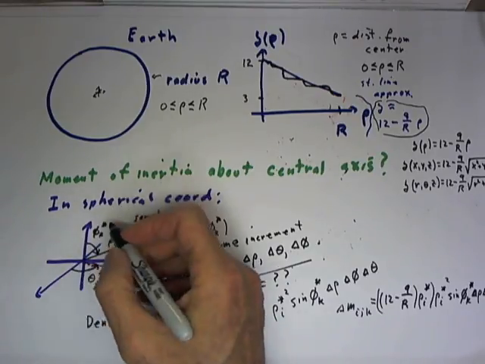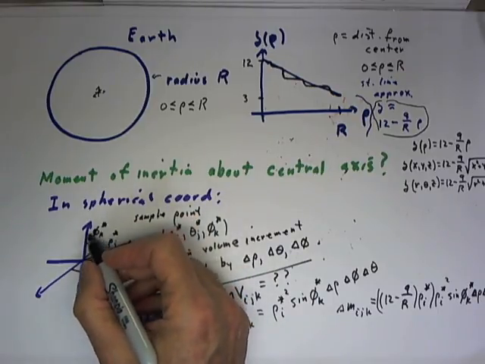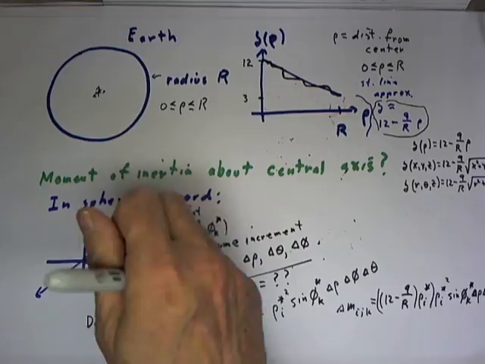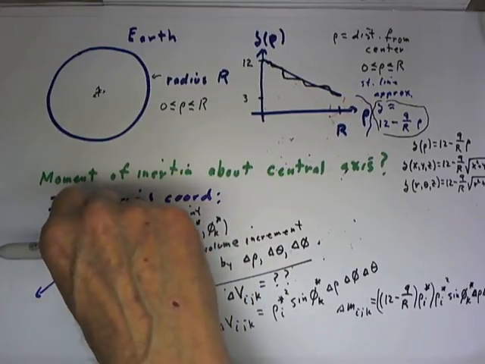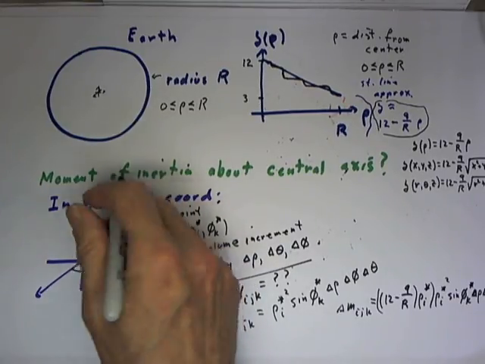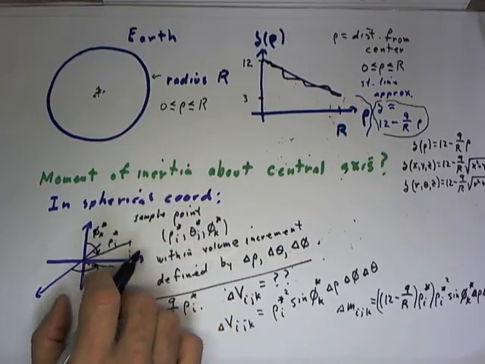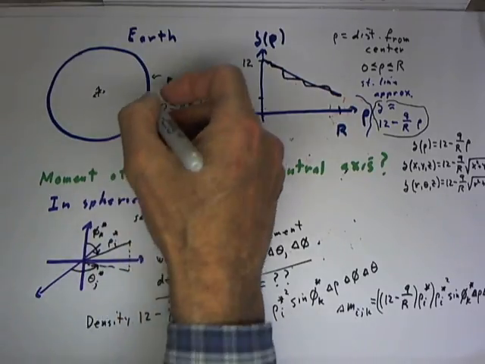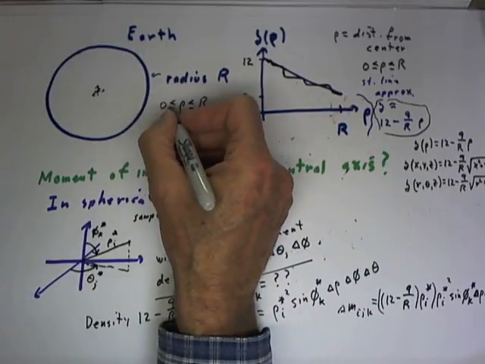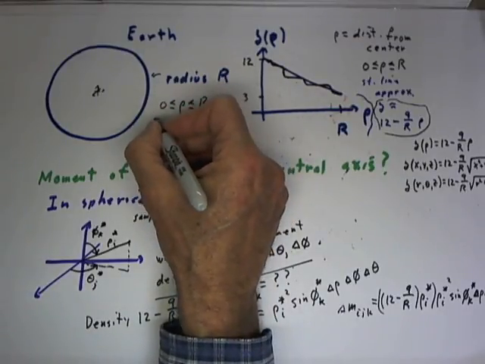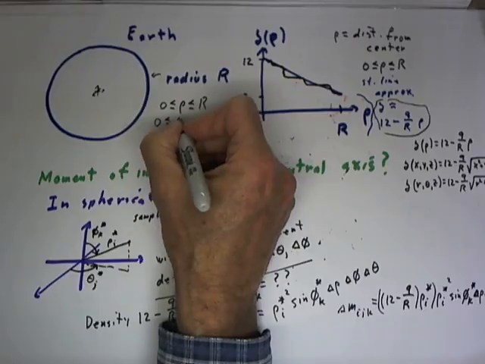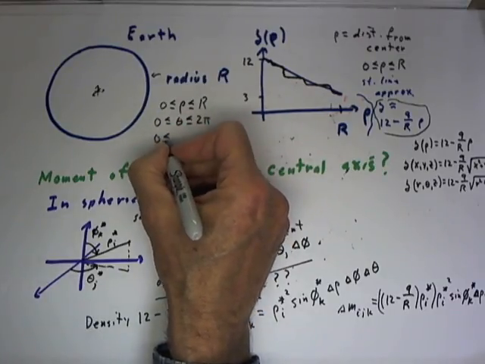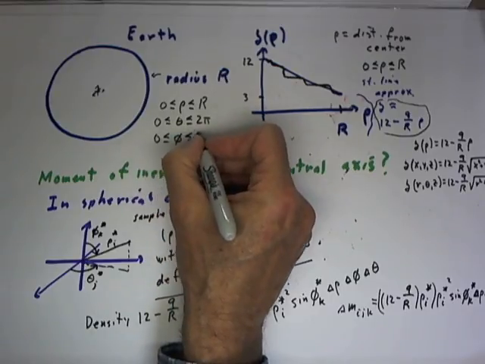And if we then let phi go from 0 to pi, our circles will start out small, expand, then contract in such a way as to describe the entire sphere. So the sphere can be written as 0 less than or equal to rho less than or equal to r, 0 less than or equal to theta less than or equal to 2 pi, and 0 less than or equal to phi less than or equal to pi.